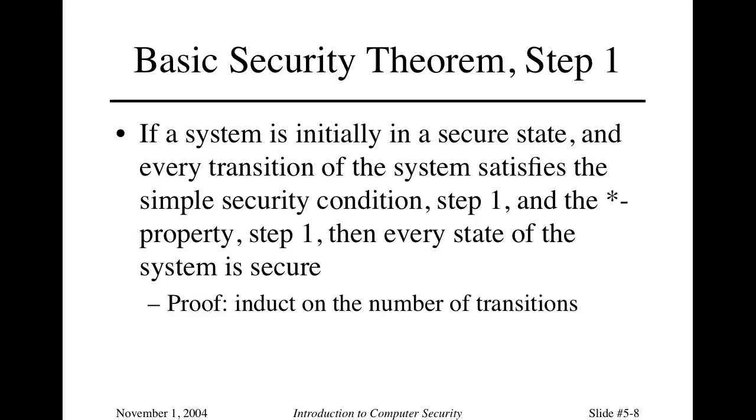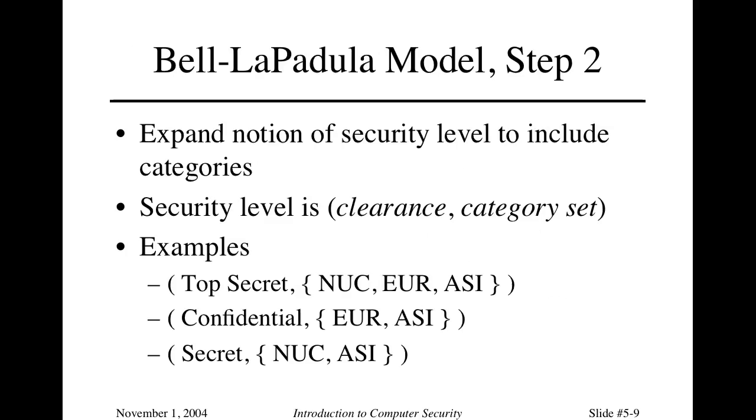So the basic theorem is: if a system is initially in a secure state, and for every state transition, for any user activities that can cause a system transition, if we follow the two rules, no reads up, no writes down, then the next state of the system is still secure. Okay. So that's the basic idea for the Bell-LaPadula model.